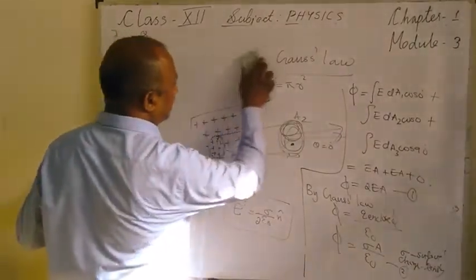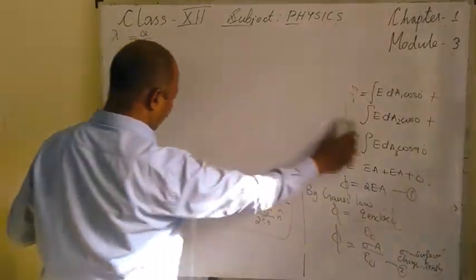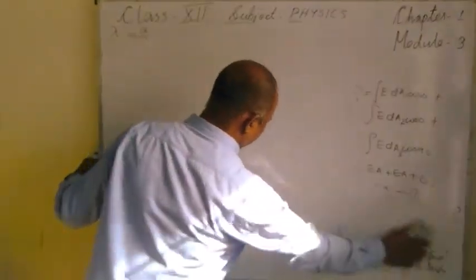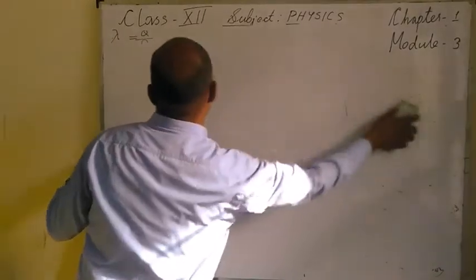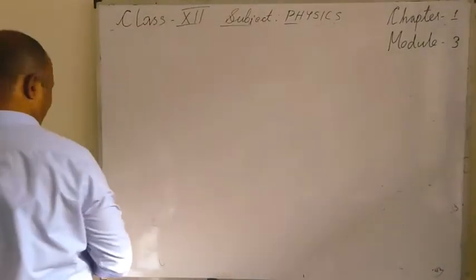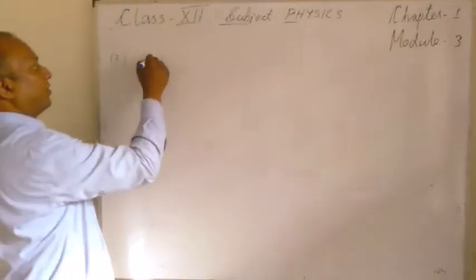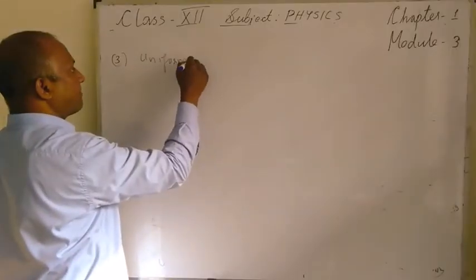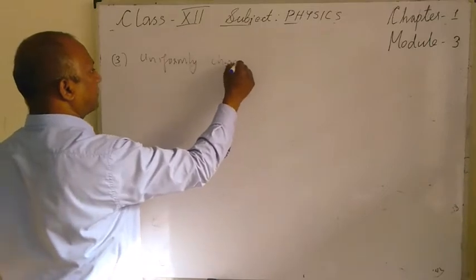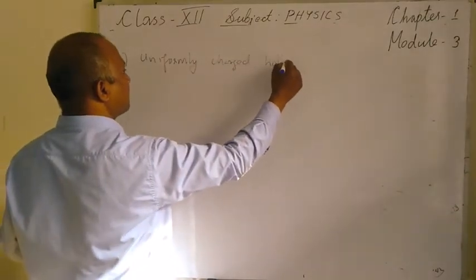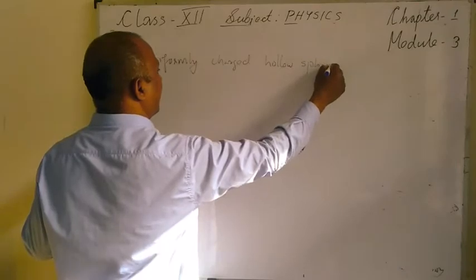topic, that is the application of Gauss law. The third one is a spherical object or a spherical conductor which is uniformly charged: a uniformly charged hollow spherical shell.